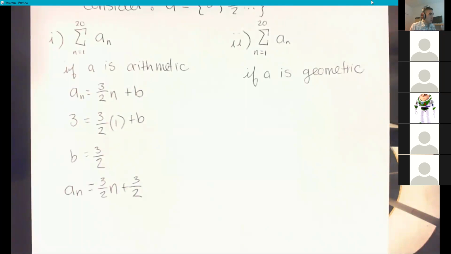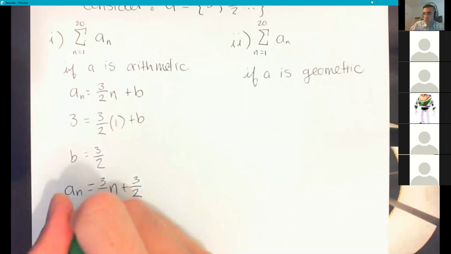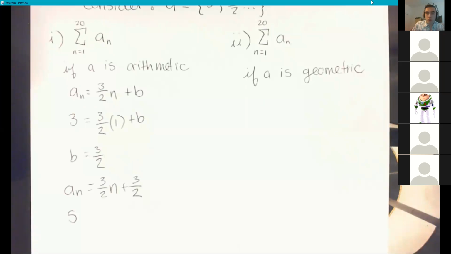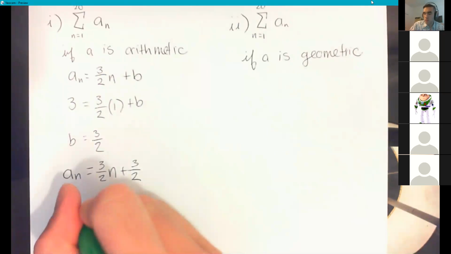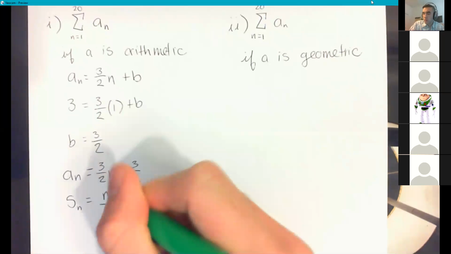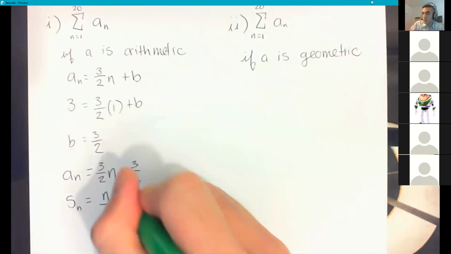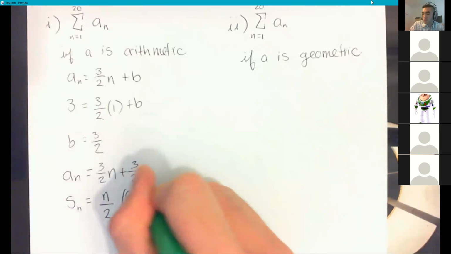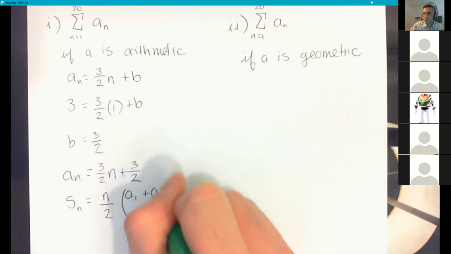And so if we want to add this over the first 20 values, we can do that very quickly by using the series equation for an arithmetic sequence, which is to say S sub n is equal to n/2 multiplied by a1 plus an, right?